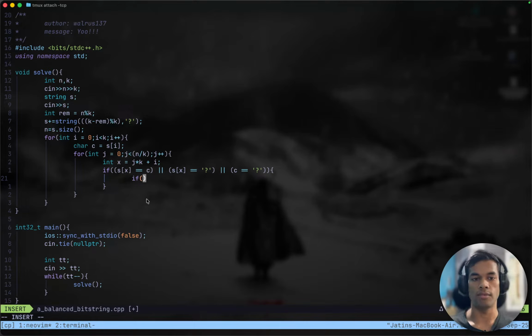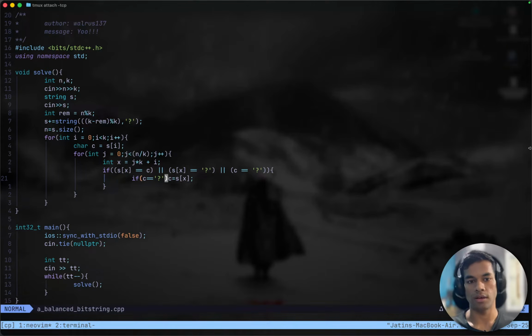And also if c equals question mark, that would mean till now we have only seen question marks, and whatever we can, we update c to be equal to s[x]. So s[x] is either itself a question mark, or it is a 0 or a 1, and in either case, c will get updated. And this is okay because if we have seen some other character like 0 or 1 till this point, c would have been updated.